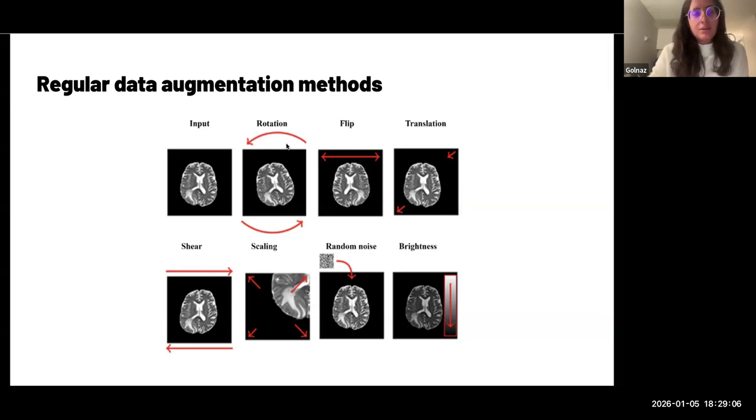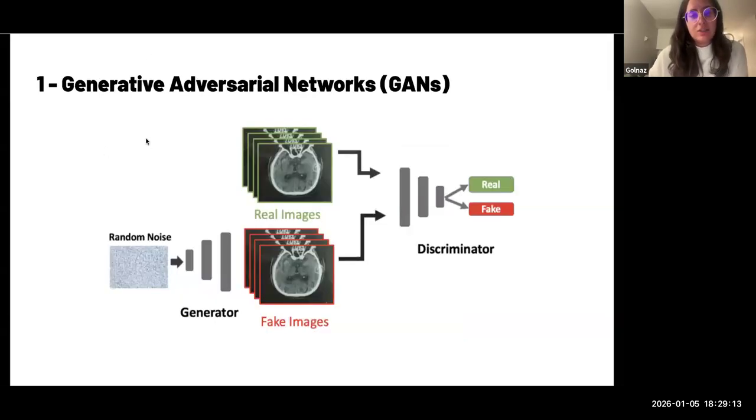But there are also some machine learning and deep learning methods that you can use to do the data augmentation. An example is generative adversarial networks, or GANs. How they work is that they are made of two main parts. The first part is the generator, and the second part is the discriminator.